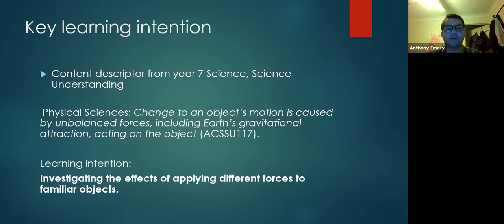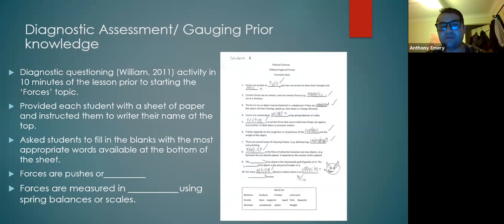Okay, so for the diagnostic assessment for this unit, I gauged students' prior knowledge. So diagnostic questioning. This activity was a 10-minute activity that was used to gauge their prior learning, starting the forces topic. During this activity, I would provide each student with a sheet of paper, and I'd instruct them to write their name at the top of it.